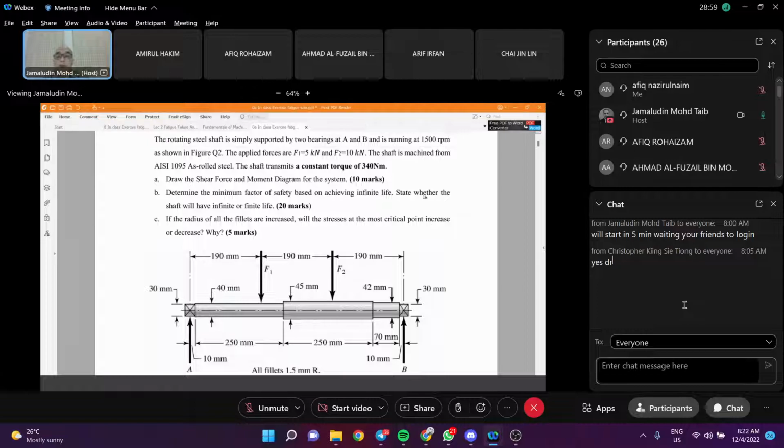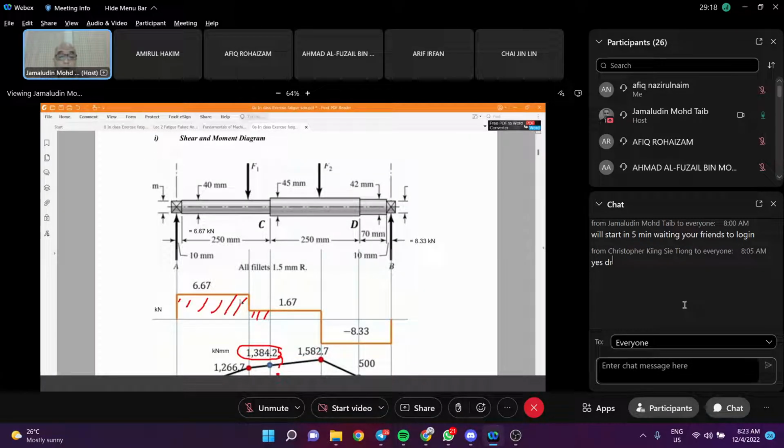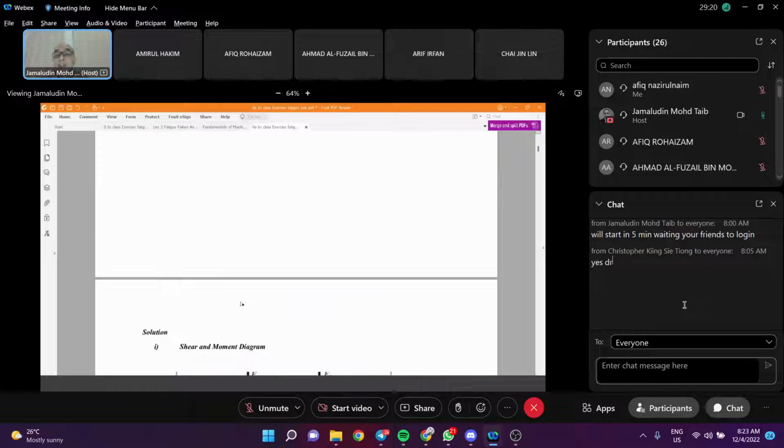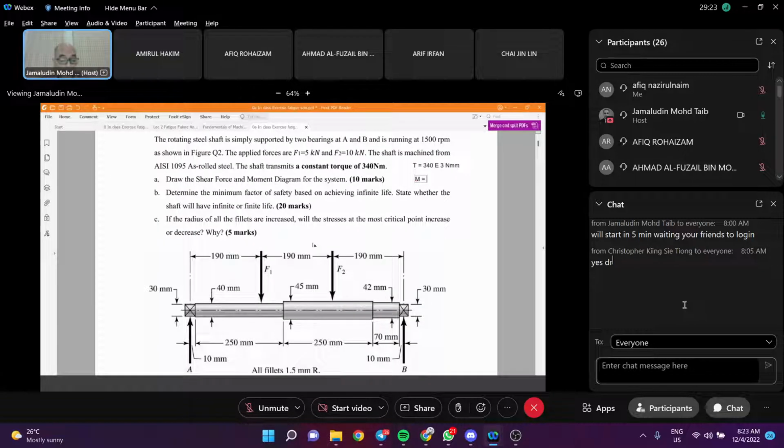Remember the torsion that we have before this, the torsion 340 exponent 3 Newton millimeter, and we have a moment equal to what value? 1384.2 exponent 3. We call it kilonewton millimeter. Convert to Newton millimeter, there will be that value.